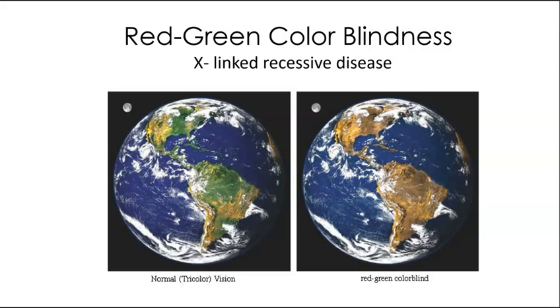Basically, you are not able to see the colors red and green. On the left, we can see normal tricolor vision, and on the right, we can see a picture of the Earth where red and green are not able to be seen. So this is actually an X-linked recessive disease.